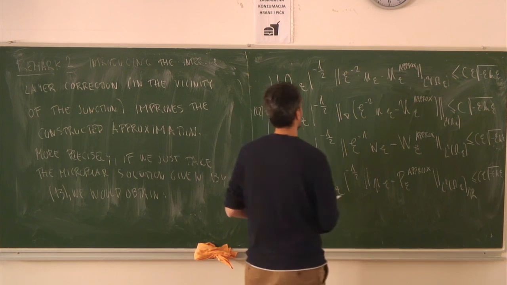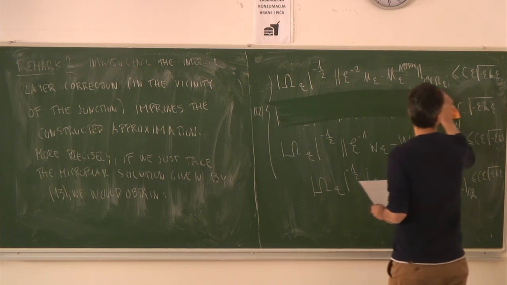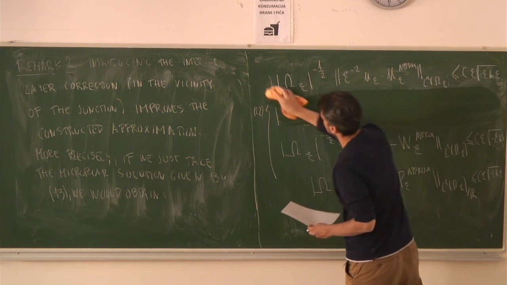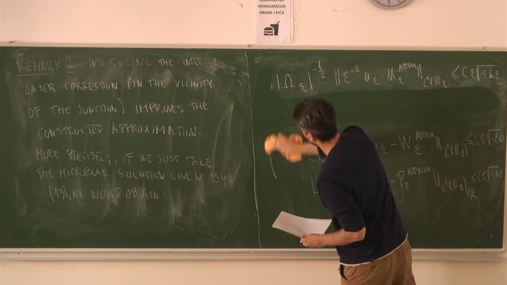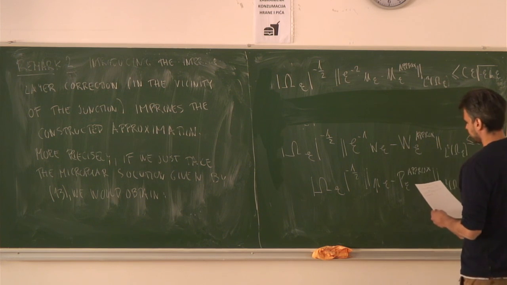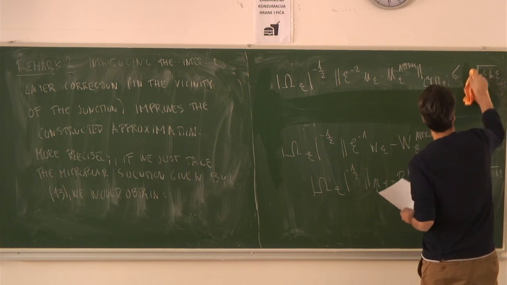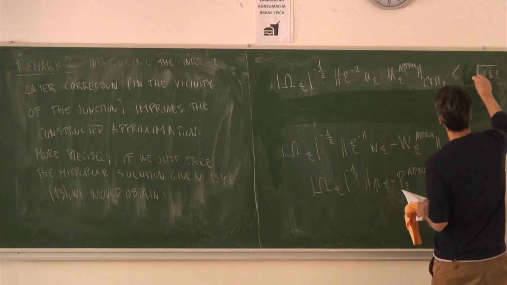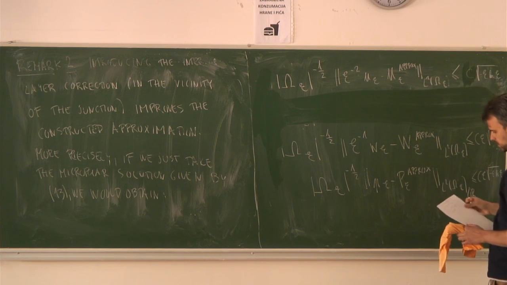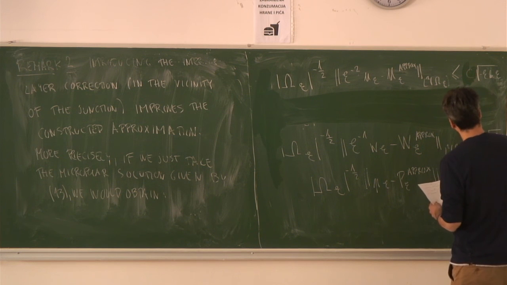So I just write down these ones. Let me check. So here you would have just C epsilon, so just C. Here you would have also, I think, just, yeah.